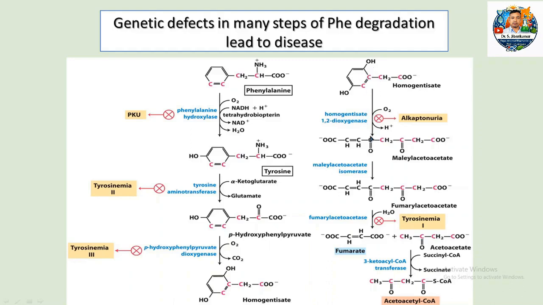So it puts another two oxygens into the substrate, forming the product. While putting these two oxygen atoms, the ring structure of this homogentisate is opened, forming this intermediate called maleylacetoacetate.